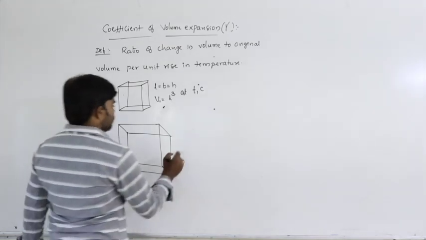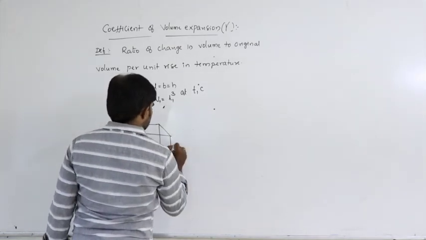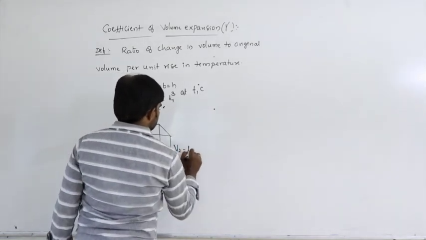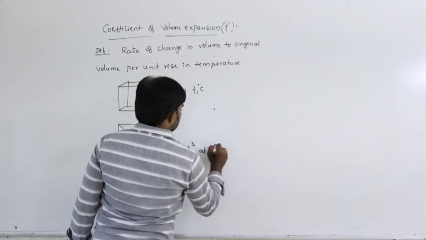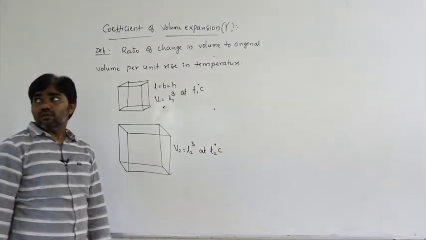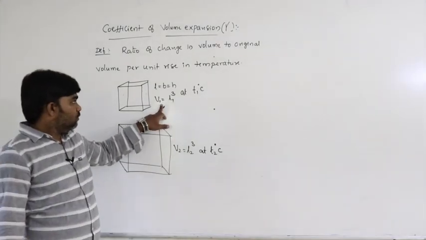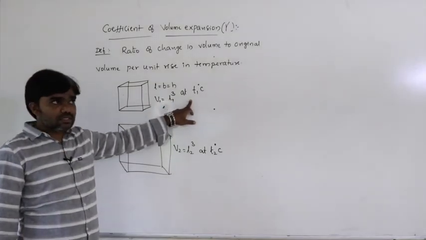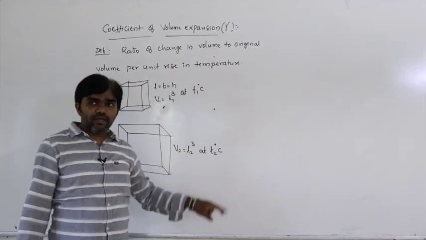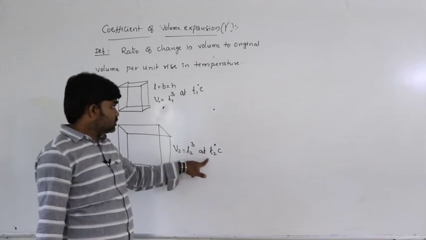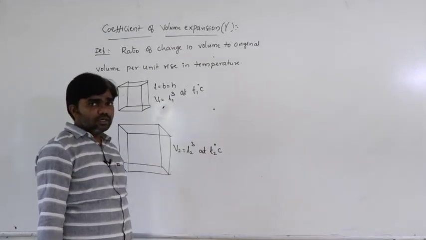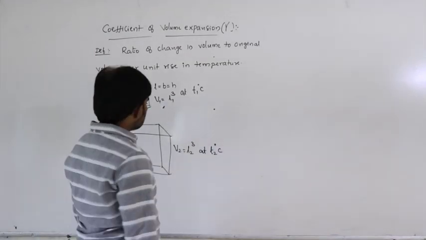So let us say V2 is L2 cube at temperature T2 degrees Celsius. This is the volume at temperature T1 and this is the volume at temperature T2 degrees Celsius.